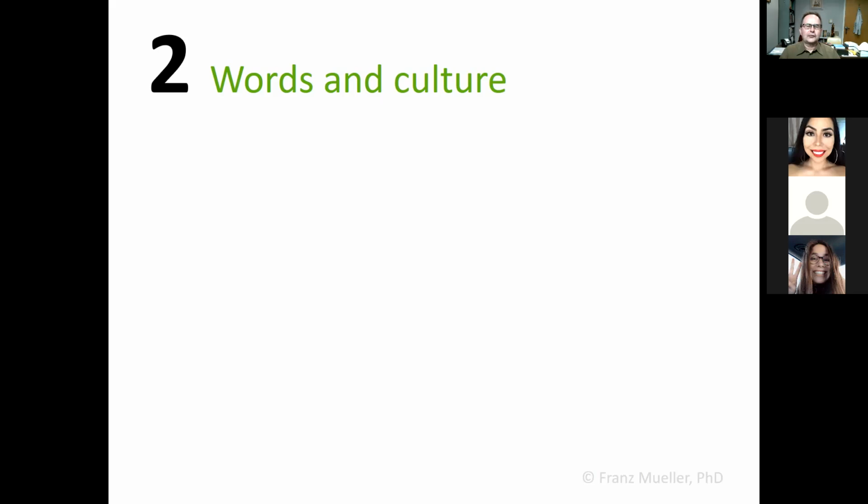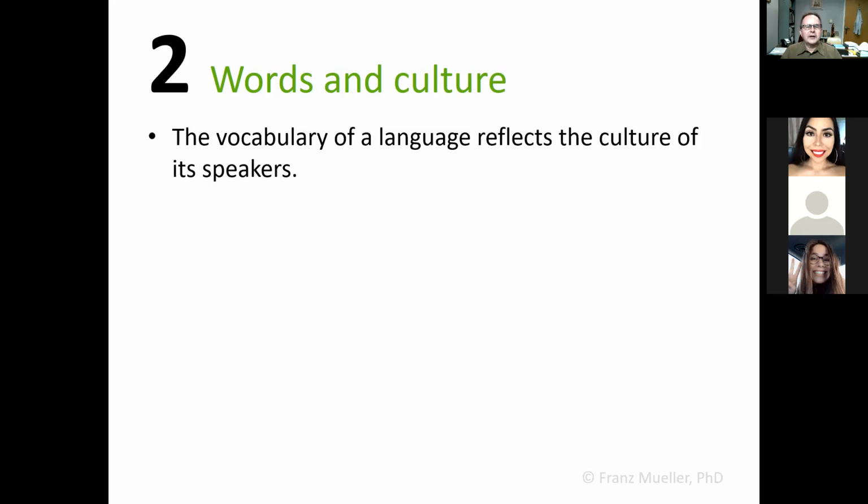Big part of our culture, right? And so another culture where basketball plays no role, where people don't know about it, wouldn't have any of these words. So words and culture are clearly closely related with one another. And so the vocabulary that you have reflects the culture of the language's speakers.